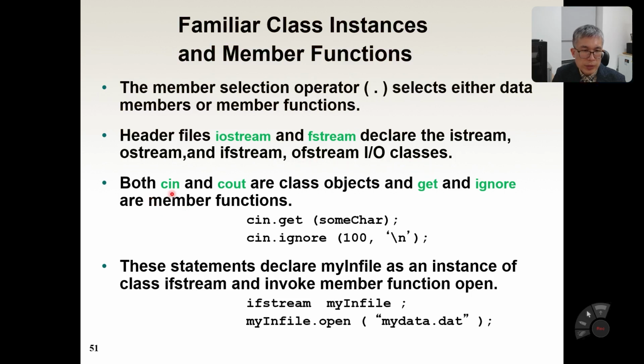Both cin, the standard input stream object, and cout, the standard output class object. Get and ignore are member functions, right? So cin.get and cin.ignore call its own member functions.